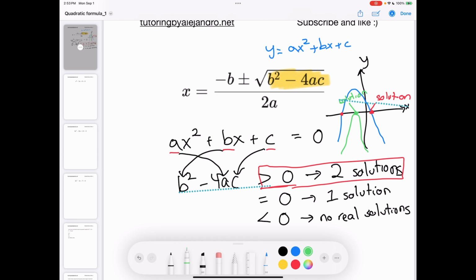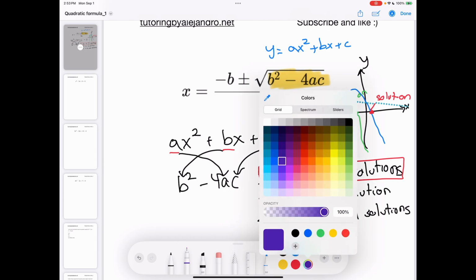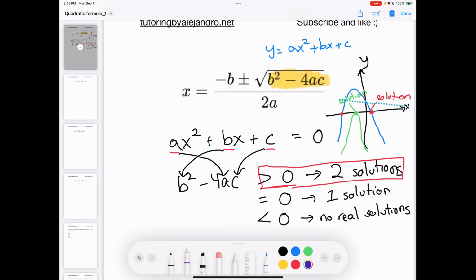And lastly, if you have the case where there is no solution, it's going to look something like this. It's not touching the x-axis at all. So here there will be no solutions, okay? All right, great. So let's move on and try some easy examples, okay?